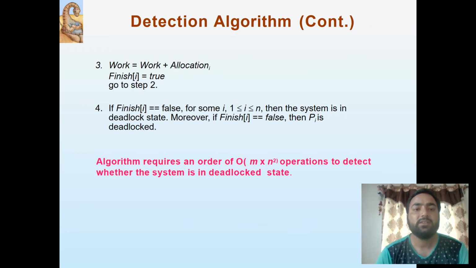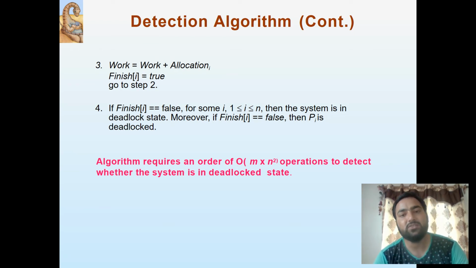But if finish is equal to false for i greater than 1 and less than n, that means finish is false for the processes P1 to Pn, then the system is in deadlock state. So if finish is false for all the processes, then the system is in deadlock state.